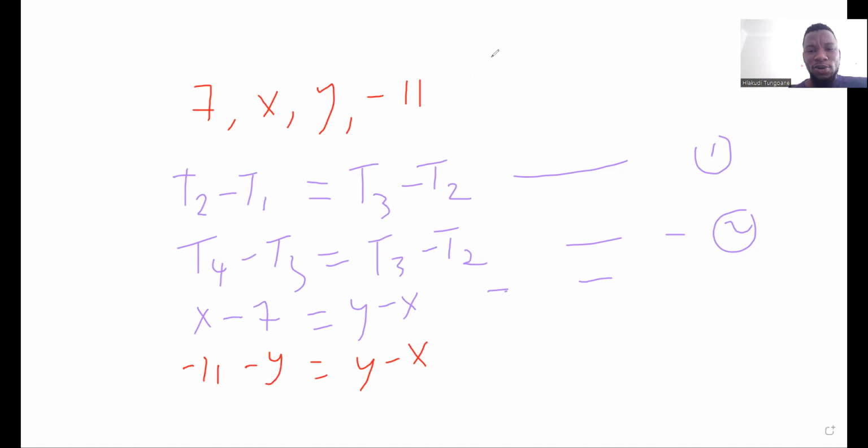Okay, so if we simplify these equations, if you take x to the other side to make y the subject of the formula, you're going to have y equals 2x minus 7, right? That's your equation 1 there.